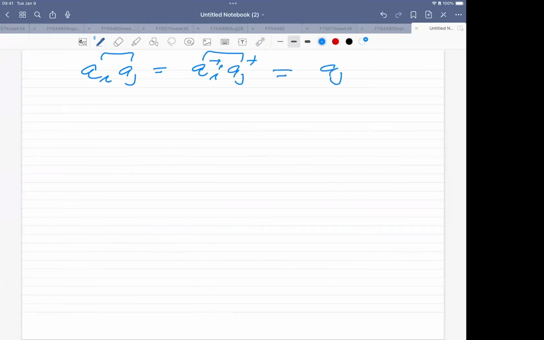The last one here is something we are going to change when we introduce a new reference state, and that will introduce what's called the particle-hole formalism. Then that relation will not be zero. But the only contraction which survives is the one which we have here, and that is a delta ij.